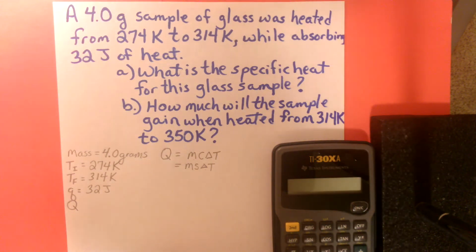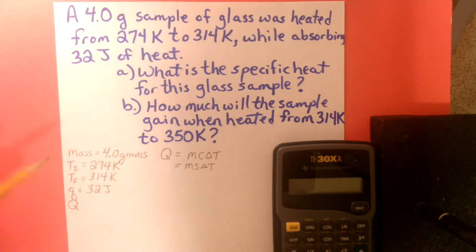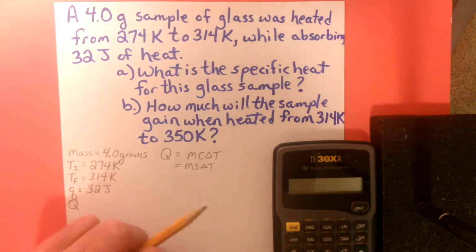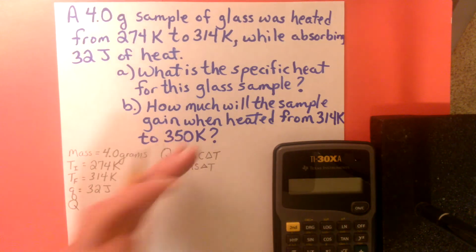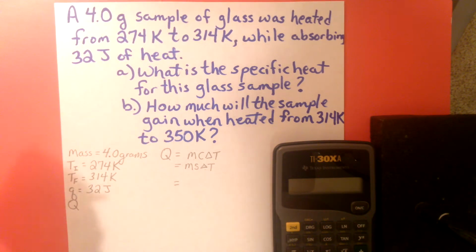So you see those two formulas. Now again, when you do calculations in chemistry, it is really helpful to label all of your values with their variables. Make sure you have your units. And then when you start the problem, write the formula. Then you can transfer these values over and it makes it more of a plug and chug calculation.